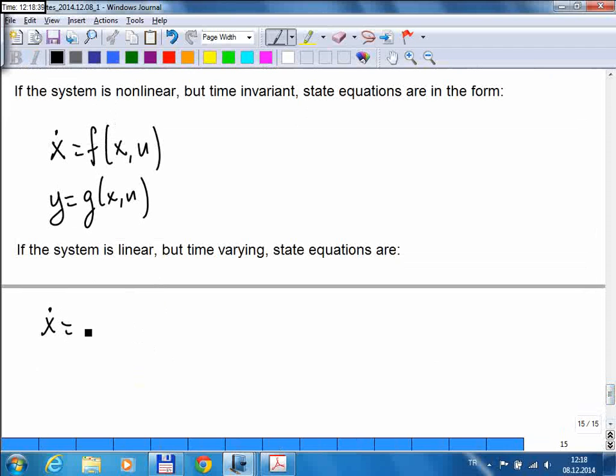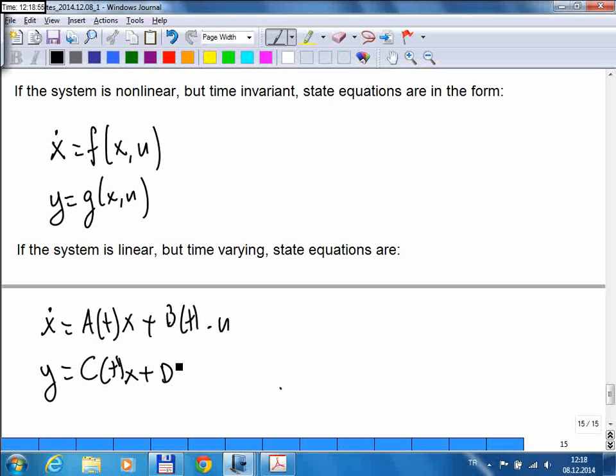So you have x dot is equal to some n by n matrix, which can be a function of time, times x plus B of t times u. Y is equal to C of t times x plus D of t times u. And in the simplest case, when it's both linear and time invariant, then you have all these matrices as constant matrices.